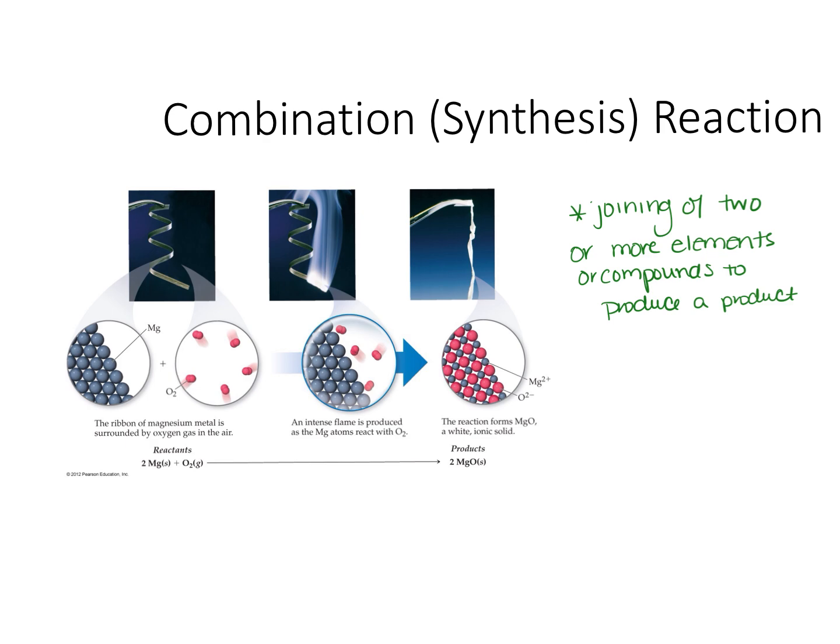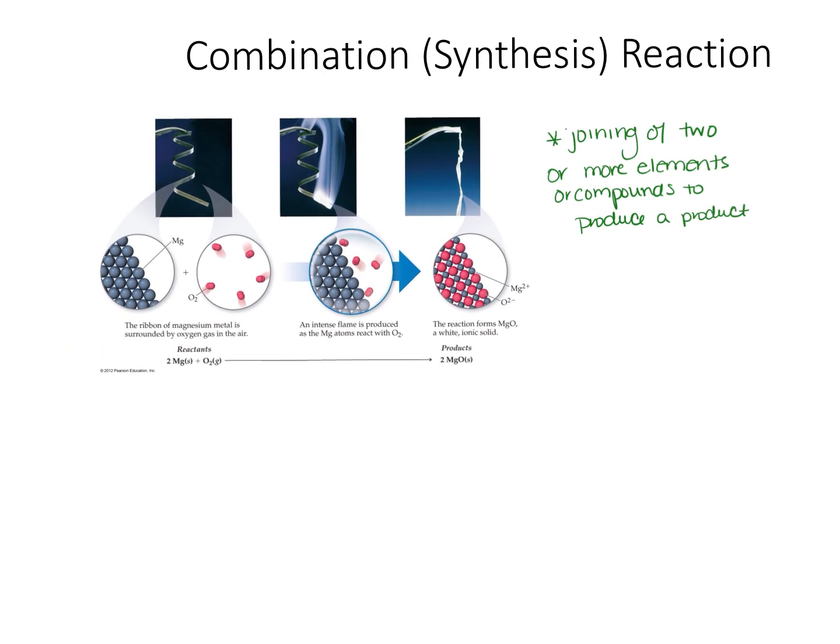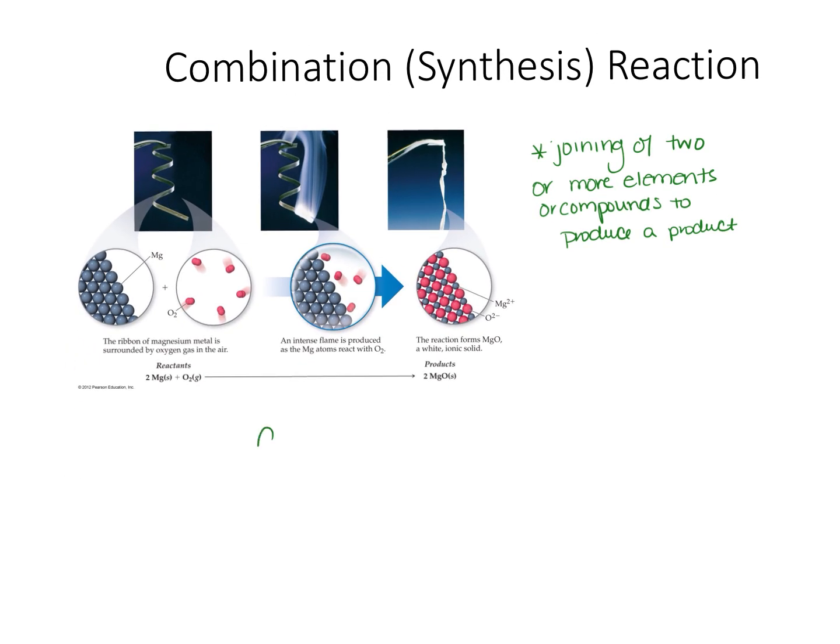When we are looking to identify combustion or synthesis reactions, if we look at this example, we've got calcium solid plus Cl2 gas goes to calcium chloride gas. You are going to have two or more reactants here going to one product. So two things here, separated by that plus, going to one product.